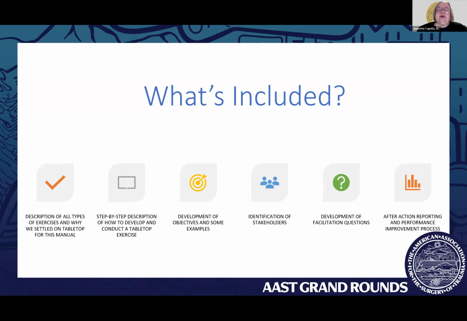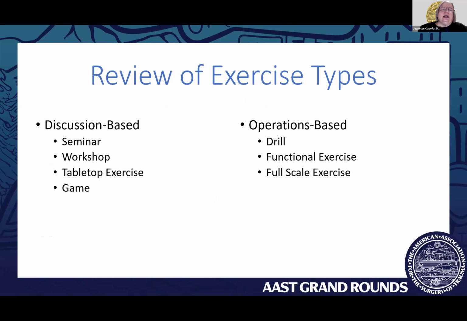Starting with the objectives, we provide examples, how to identify your stakeholders, how to develop the facilitation questions, and then finally, how to do the after-action reporting and performance improvement process. There's a fairly detailed description of the different types: discussion-based, the seminar, workshop, tabletop, and gaming exercises, and then probably the more familiar types, operations-based: drills, functional exercises, and full-scale exercise.